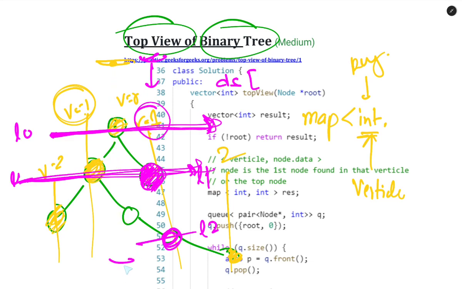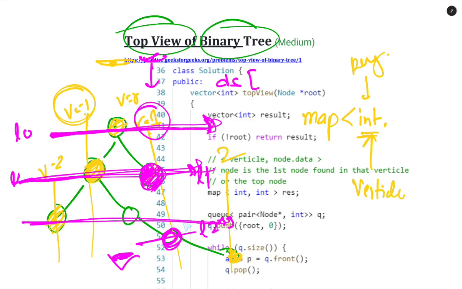Let me draw an eye. Yeah, like this we used to draw an eye, right? If we do a bottom view, then whatever node you encounter for the last time, since I'm watching from the bottom, the last level will be my answer. I hope you got my point.